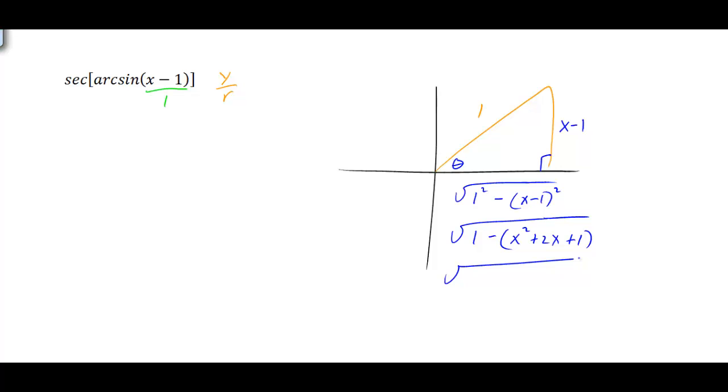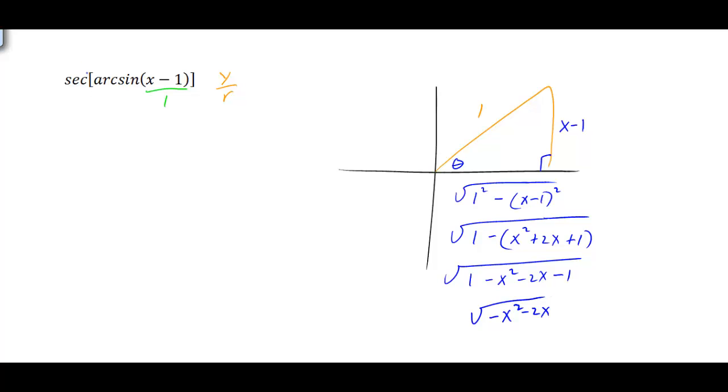And if we distribute here now, we would have 1 minus x squared minus 2x minus 1. And we can simplify this a little bit. 1 minus 1, the 1's cancel out. So you're left with a negative x squared minus 2x.